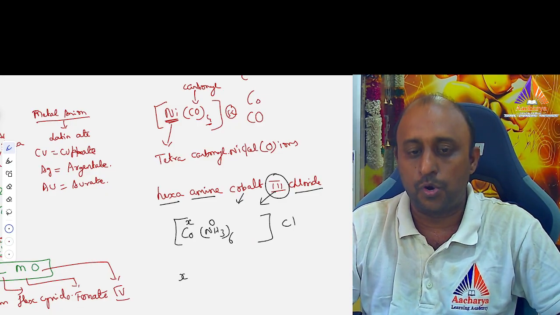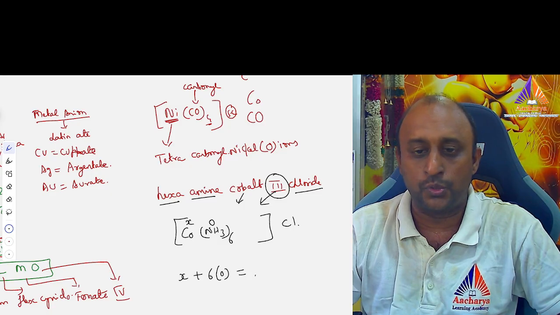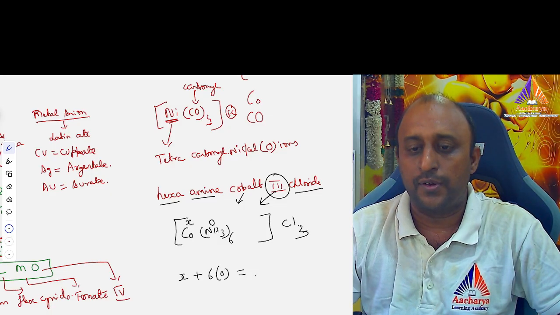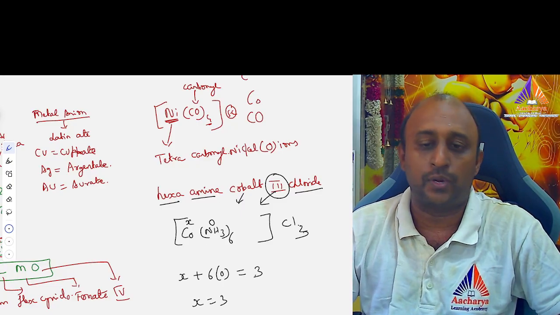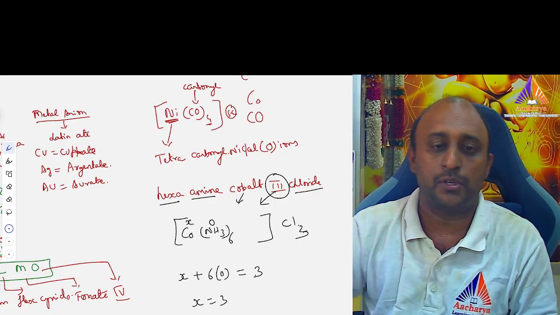So X plus 6 into 0. But here you have to match the number of ions. If it is 1, it will not match the respective oxidation number. If it is 2, it will not match. If it is 3, yes, of course it will match. X is equal to 3, so Cl3 you need to write down. In this way, you can do the reverse method.